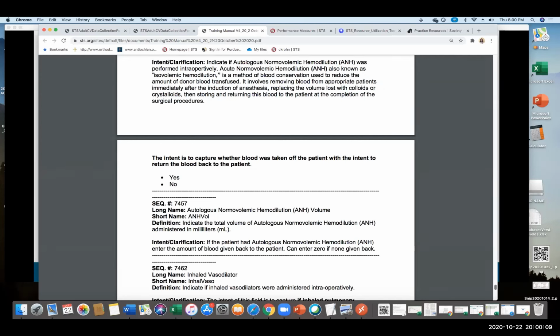At this time, STS only allows a limited number of fields to be automatically abstracted, and those include things within the demographic section, and the unique device identifier, the UDI section. We are working with our informatics task force to see if we can automate more data abstraction.